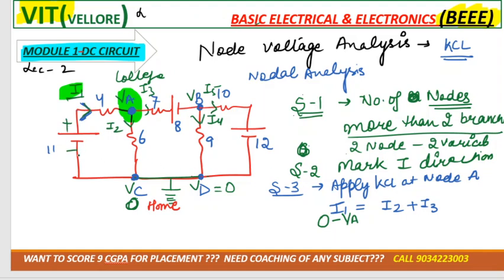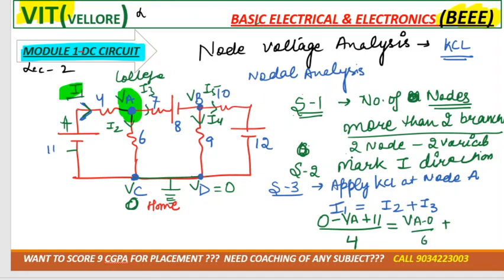And in between, if you have a battery, we have to take the second sign of the battery. Can you tell me what the second sign of the battery is? Plus, because you are moving from 0 to VA. So what is the second sign that comes in your path? Plus. Plus 11 divided by the resistance 4.